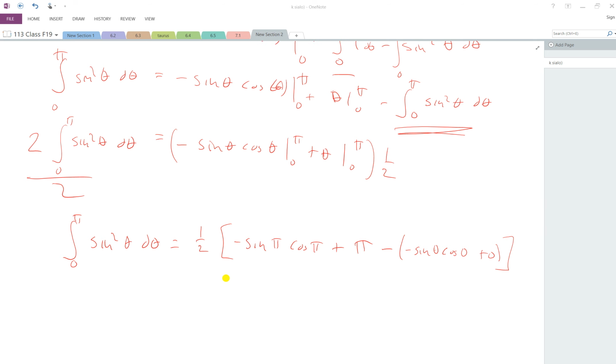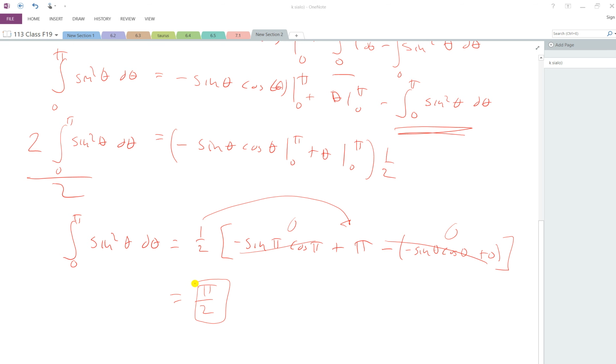Okay, well, sine of 0 is 0, so all those become 0. So I just have to focus on this side. Sine of pi is also 0, so these are 0. So I just end up with my 1/2 times my pi, so pi halves.